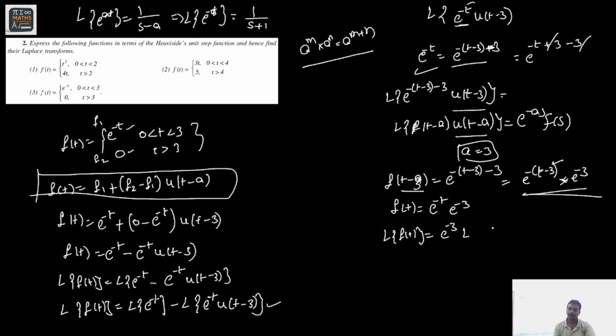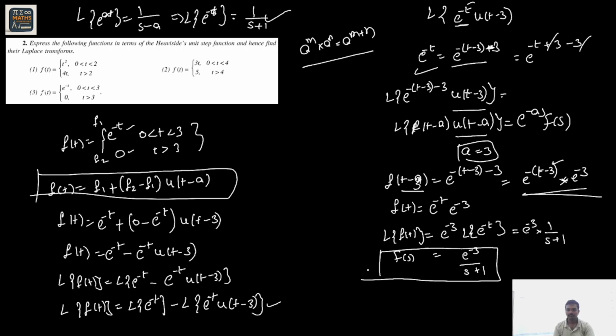We apply Laplace only for the t terms. So Laplace of e power minus 3 into, here we find the Laplace of e power minus t, whose value is 1 by s plus 1. Therefore f of s is equal to e power minus 3 by s plus 1.